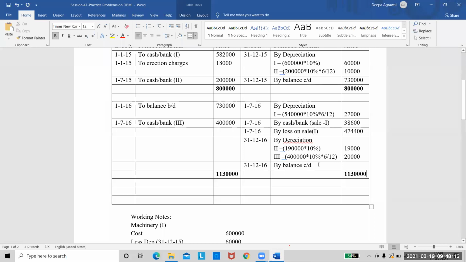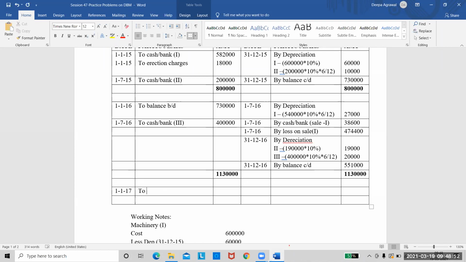And now from this 11,30,000 deduct all this. 11,30,000 minus 27,000 minus 38,600, 4,74,400, 19,000, 20,000. So you are getting 5,51,000 as the balance.